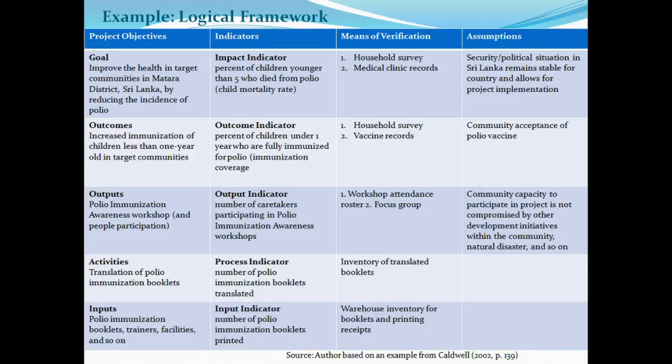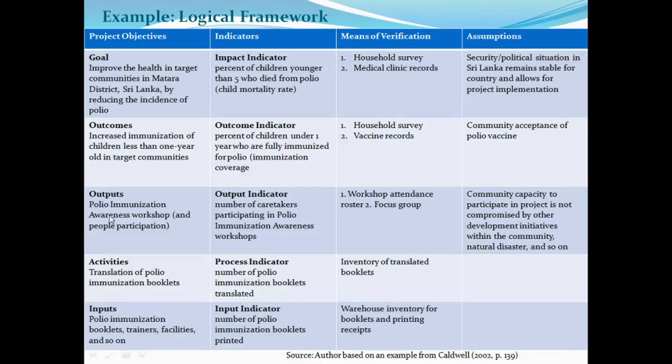Now, here is an example. A clear understanding of the log frame hierarchy of objectives is essential basically for monitoring and evaluation planning. And ultimately, it will inform the key questions that will guide the evaluation of project process and impact. So, if you look at the project objectives, at the bottom we have inputs, okay?